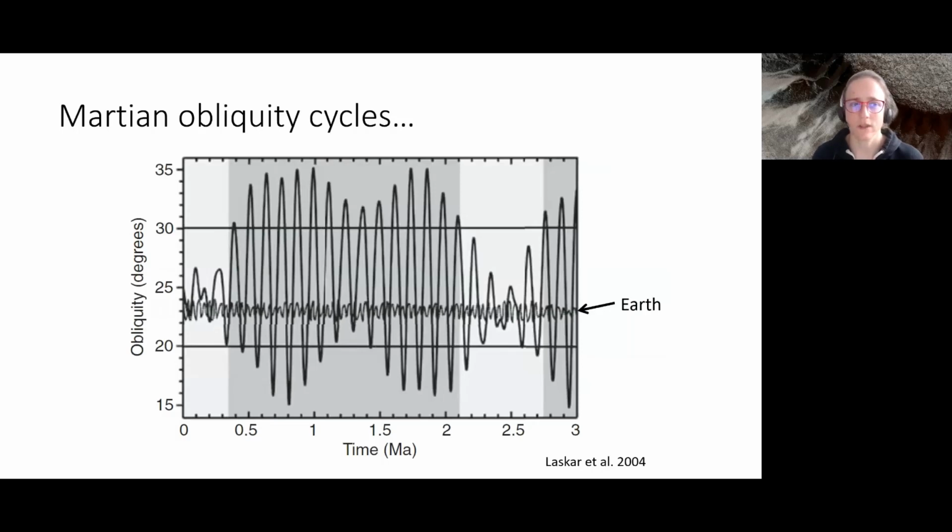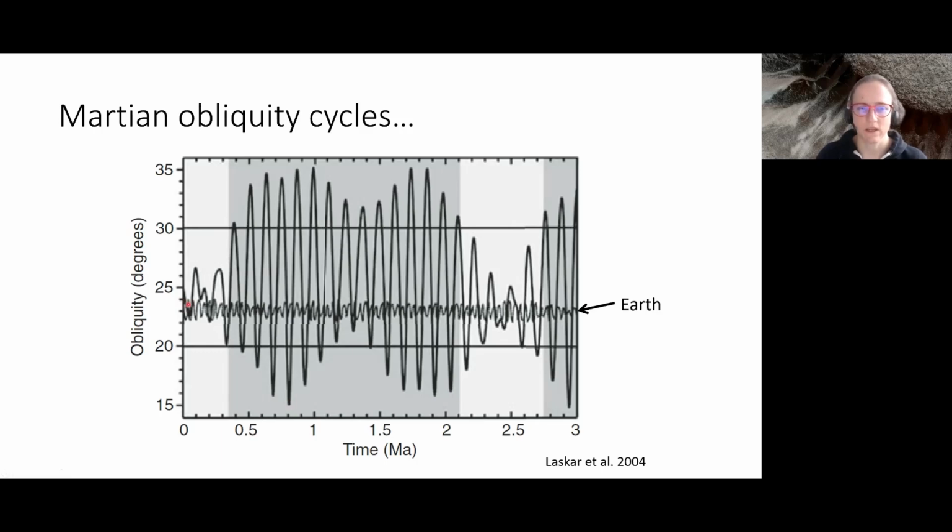Why is that? Well, that's because Mars's axial tilt varies enormously in time. So we have here time, a million years before present, and obliquity, so the axial tilt of Mars, on the y-axis, and the Earth is this squiggle down here. So you can see that the Earth varies between 22 and 24 degrees in terms of its axial tilt, whereas Mars varies between values of around 15 degrees and 35 degrees.